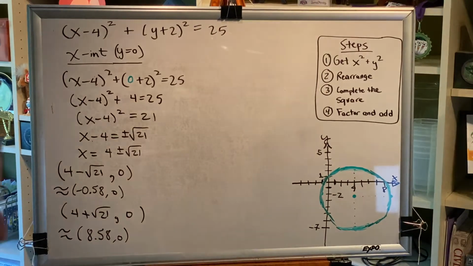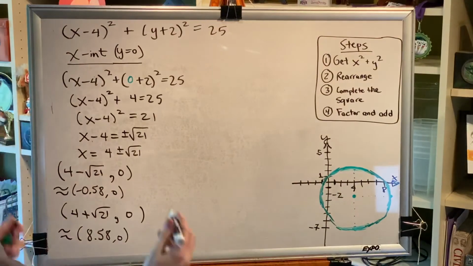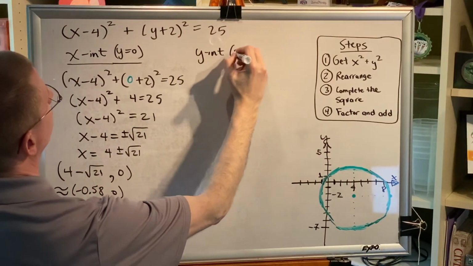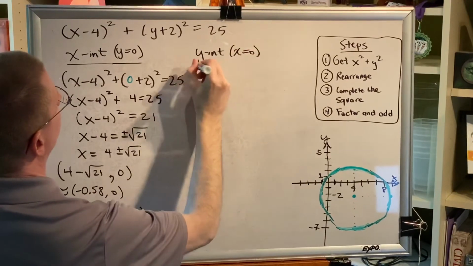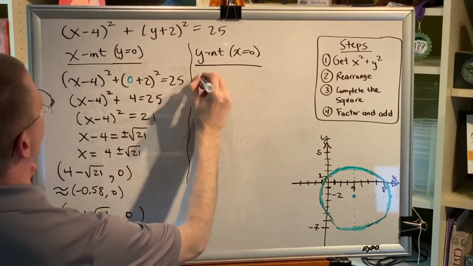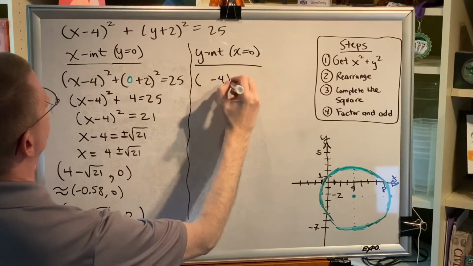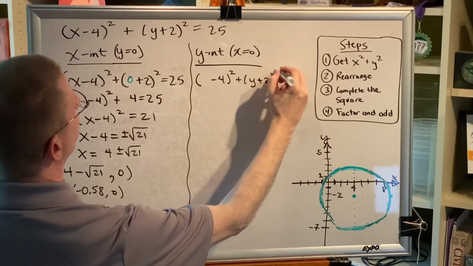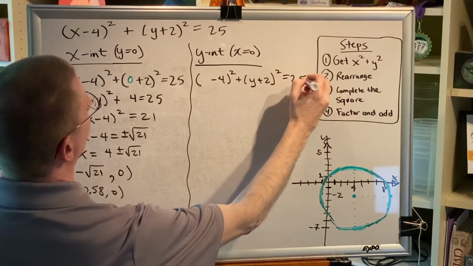All right, we will now repeat this process for the y-intercept by setting x equal to 0. Let's begin. So we'll get (0 − 4)² + (y + 2)² = 25.